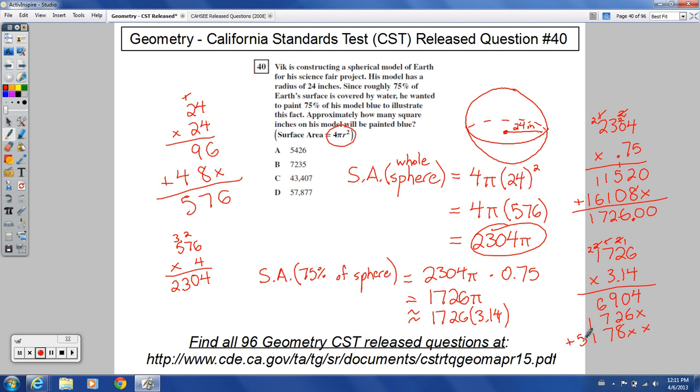So if we add all that together, we've got a 4, we've got a 6, that'd be 19, that'd be 21 right there, and a 4, and a 5. So looking at this, this is definitely closest to, of my answer choices, approximately that number, closest to A for sure. So number 40, choice A is the correct choice.